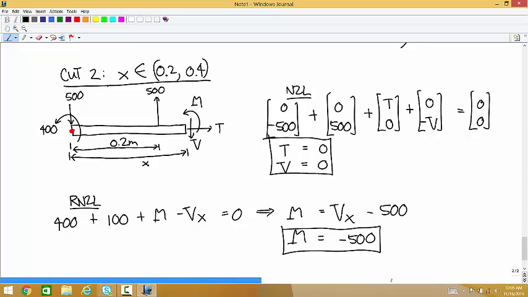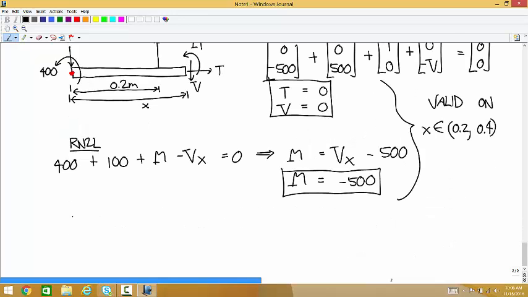That's right. And so now what we have, based on these calculations, is that t is 0, v is 0, m is negative 500, and those values are valid for all x's between 0.2 and 0.4. And you could write those as piecewise functions.